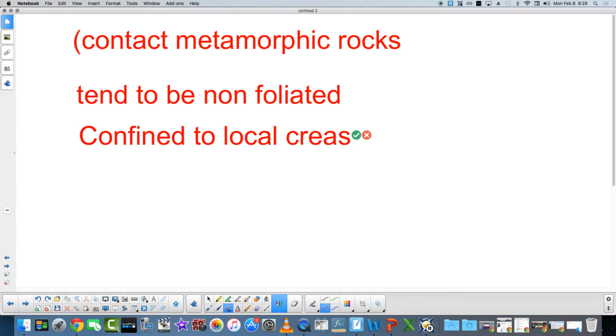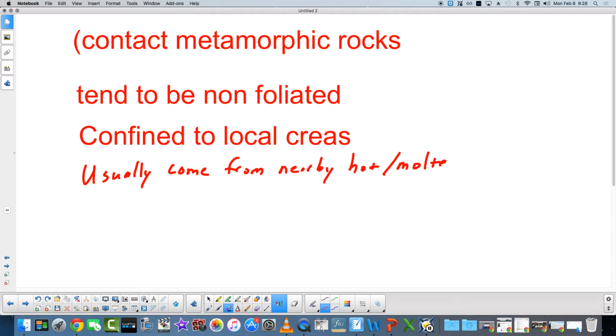And usually come from nearby hot or even molten rock touching or coming into contact with surrounding rock.